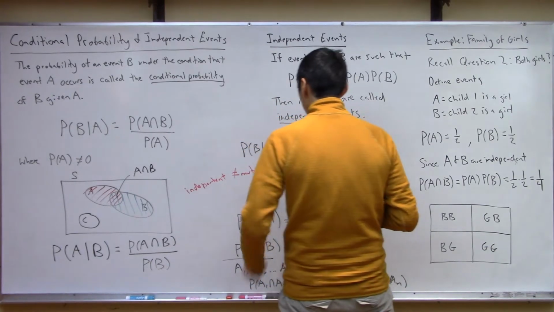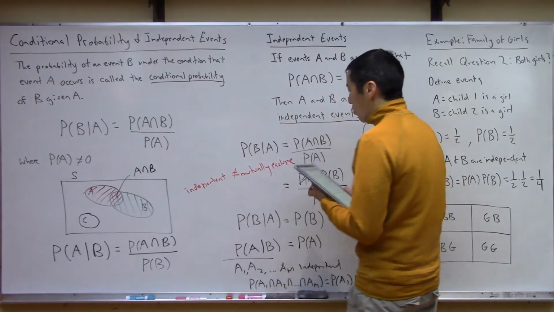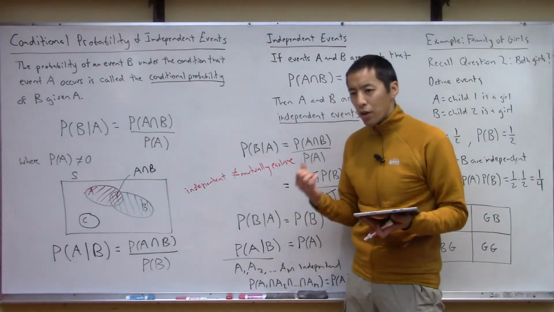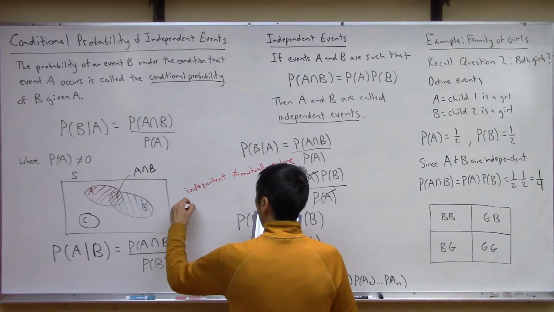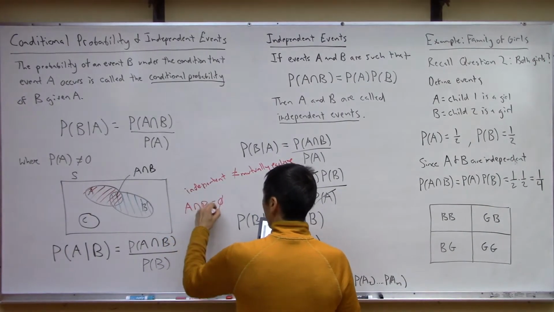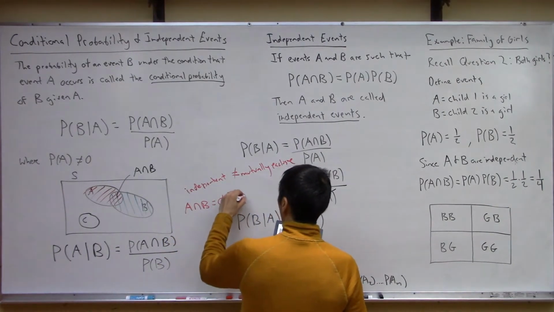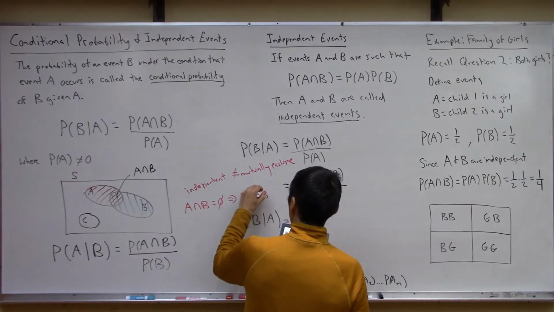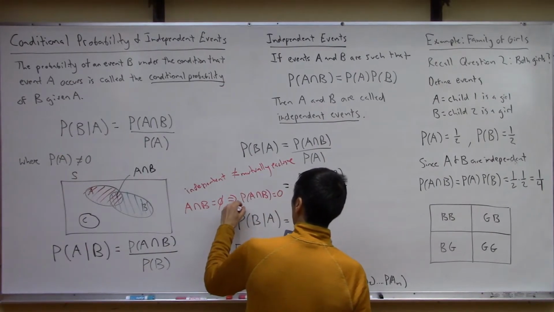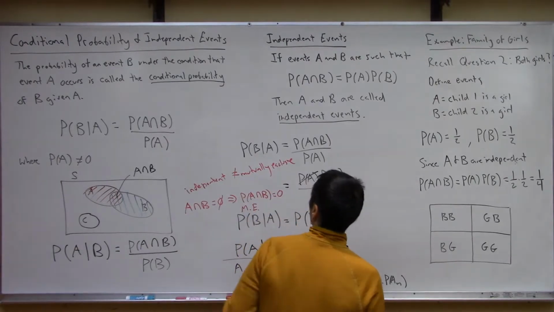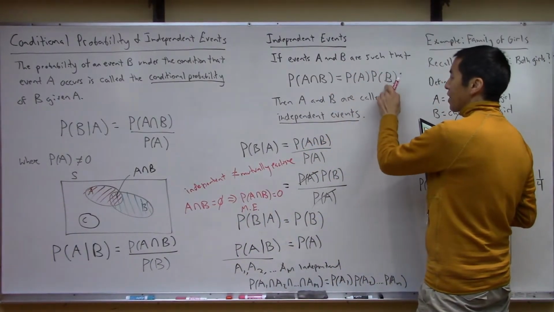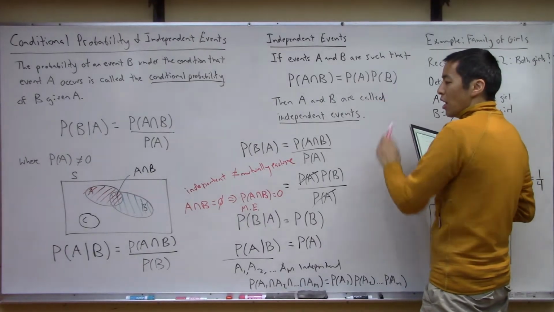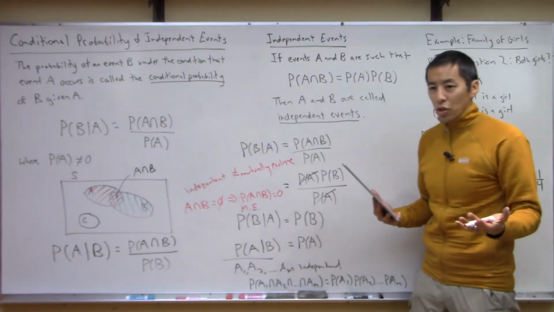If you remember, the idea with mutually exclusive is that the definition was A intersect B was the empty set. Therefore, the probability of A intersect B is equal to 0. This was the idea of mutually exclusive, and you can clearly see that that is not the same thing as this. So mathematically, you can show that the two are not the same.